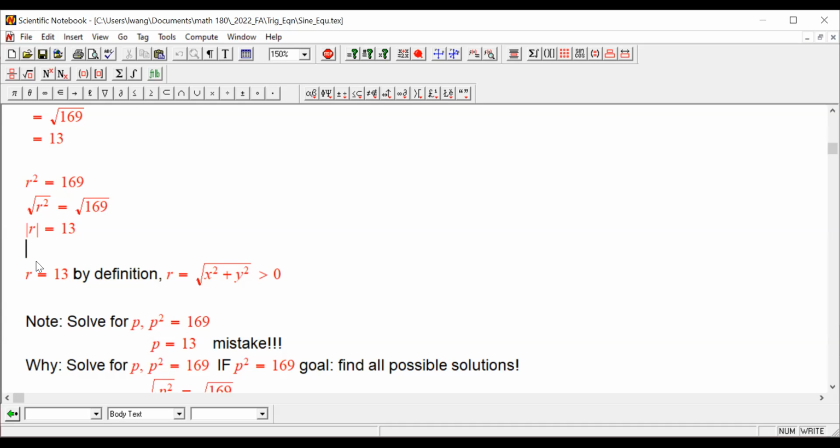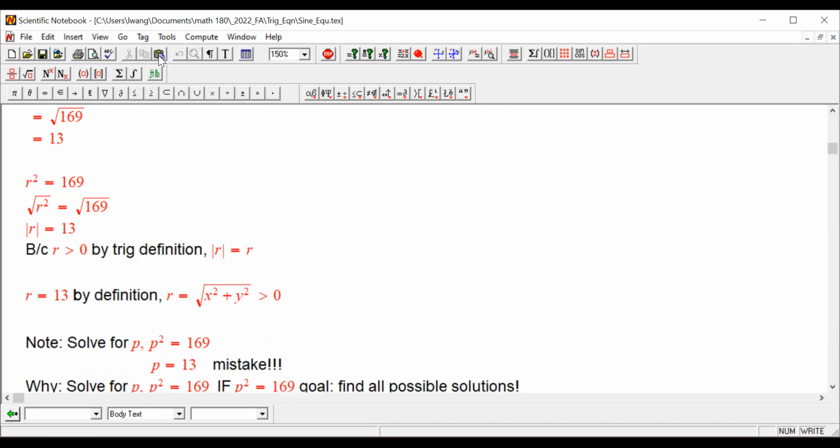And now you're going to say, because r is positive by trig definition, the absolute value of a positive number is the same as the number.